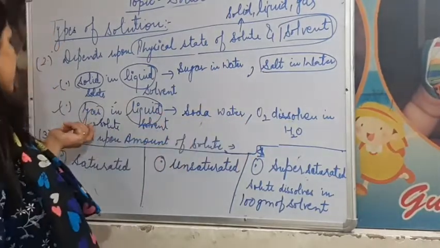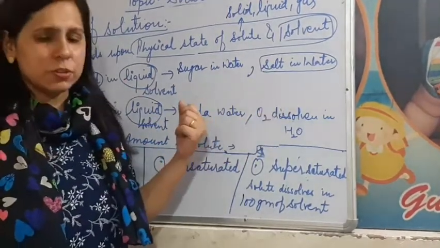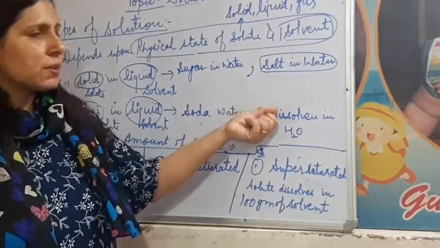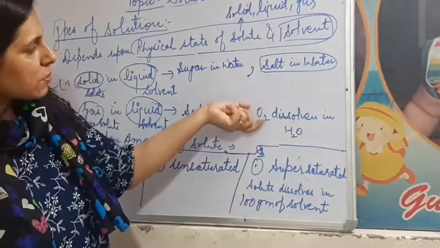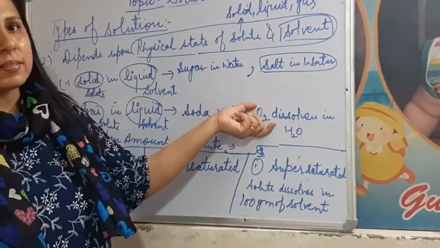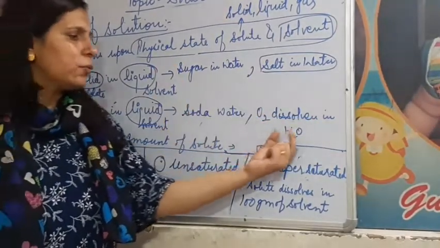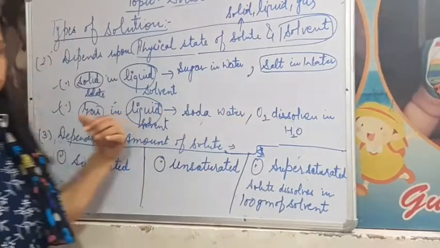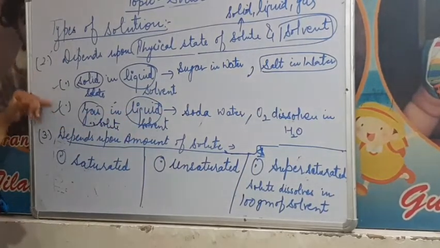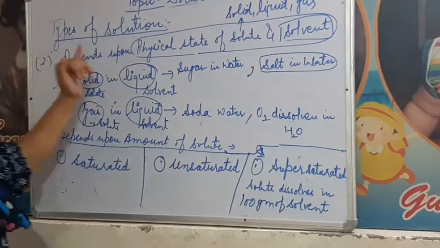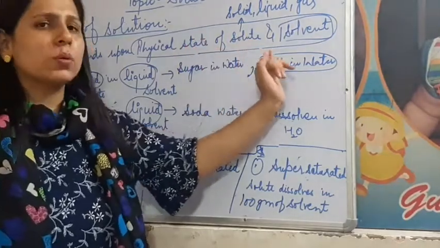Second example in this category, oxygen dissolves in H2O. Since the amount of oxygen is less compared to the water, this oxygen gas will become solute and the water will become solvent. So these two are the categories of solution depending upon physical state of solute and solvent.